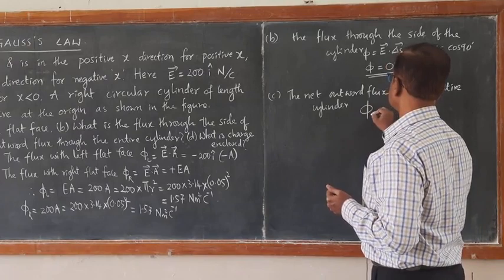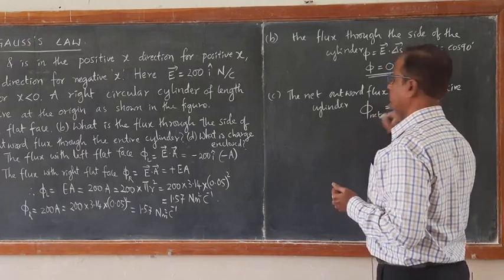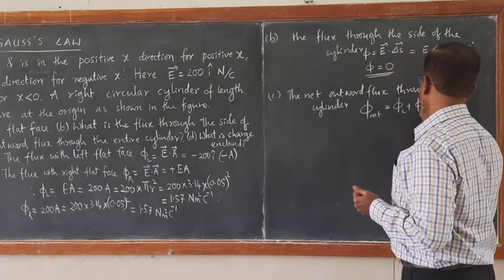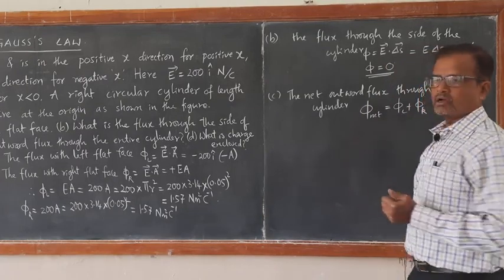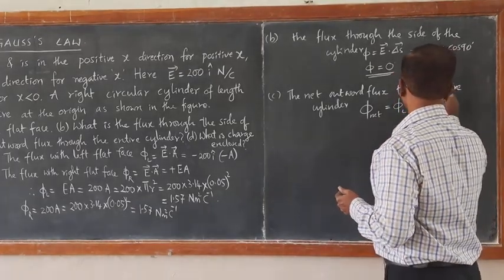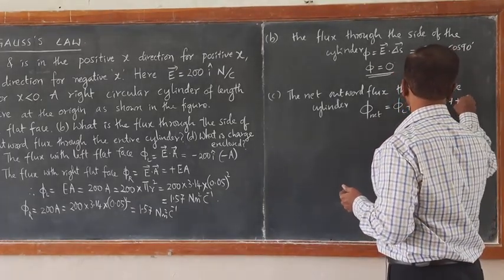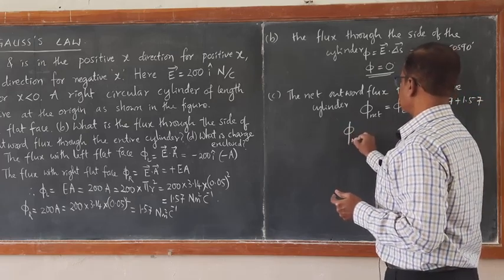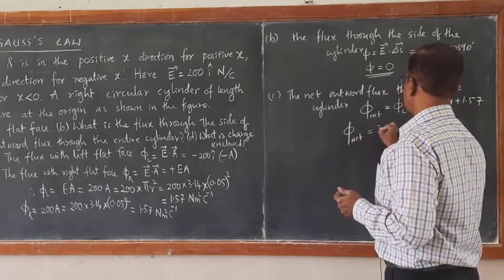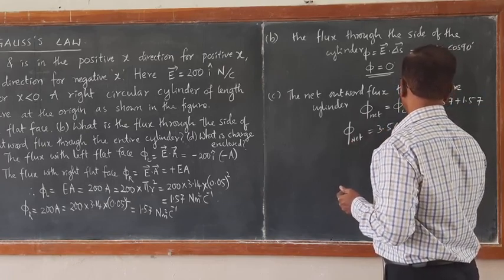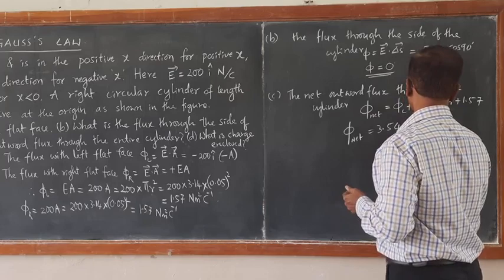Total flux phi net is equal to phi L plus phi R. So both are outward positive fluxes, therefore it becomes 1.57 plus 1.57. So phi net is equal to 3.14 Newton meter square per coulomb.